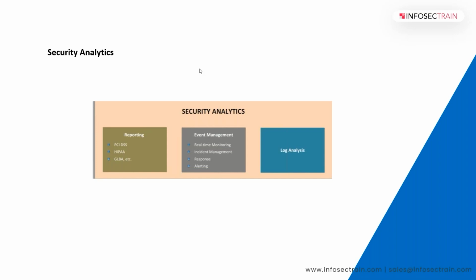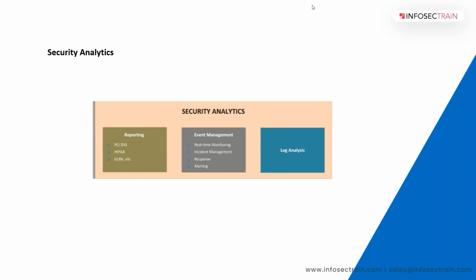Security analytics involves analysis of logs and events, performing event correlation, and performing real-time monitoring. If an alert is generated, we get a report out of it. If any incident happens, there will be an incident management team that responds to that event.